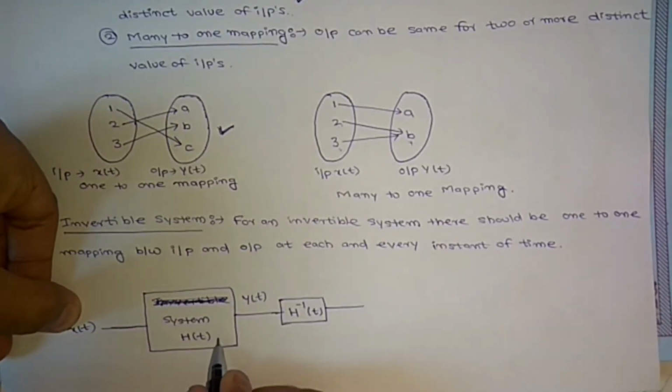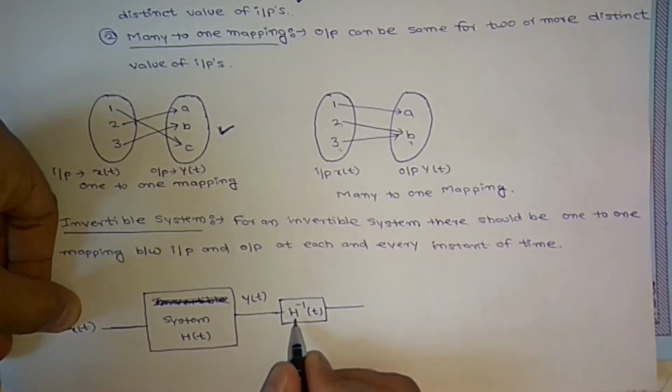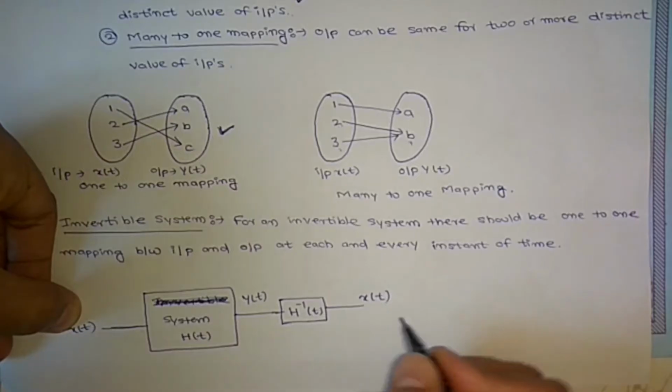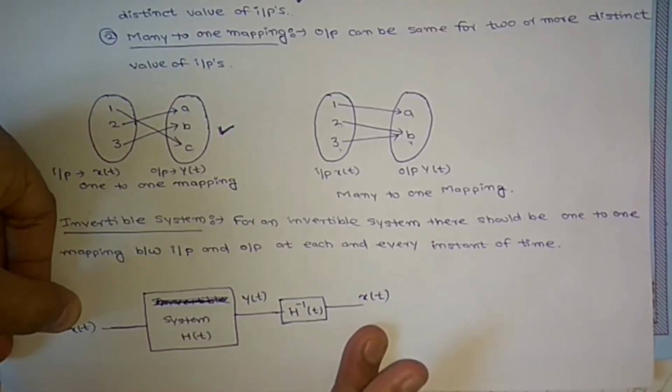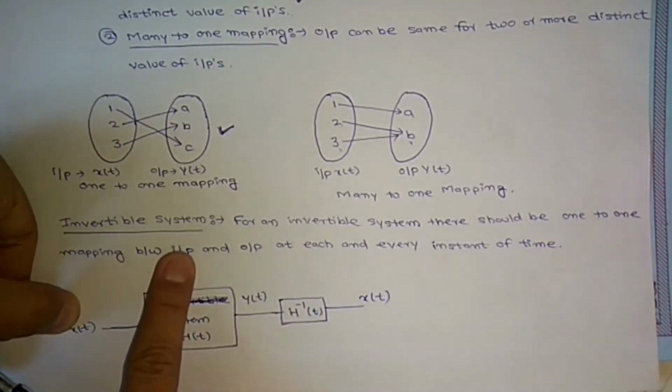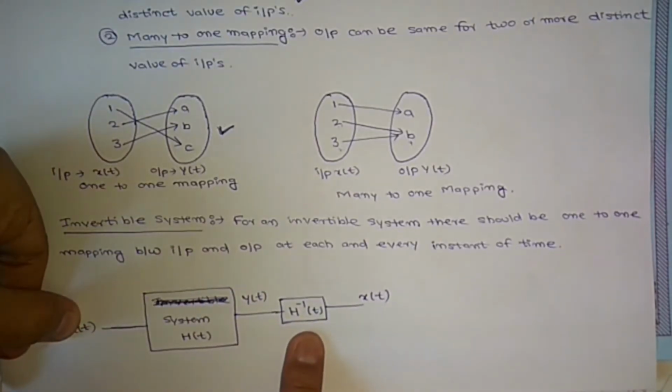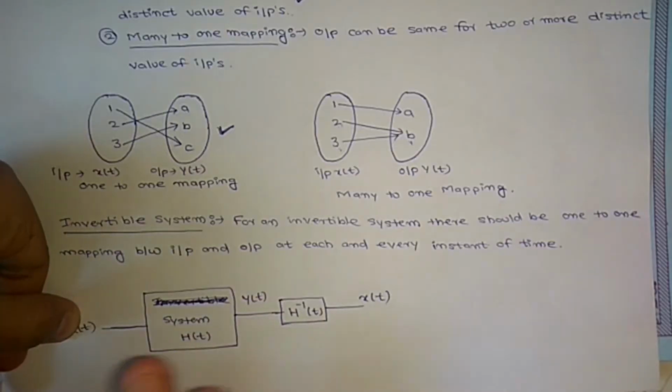Can we make this system invertible, like h inverse of t, such that if you give y of t, I get back the same input? Any system for which we are able to make h inverse of t will be called an invertible system. Practically this is the meaning.